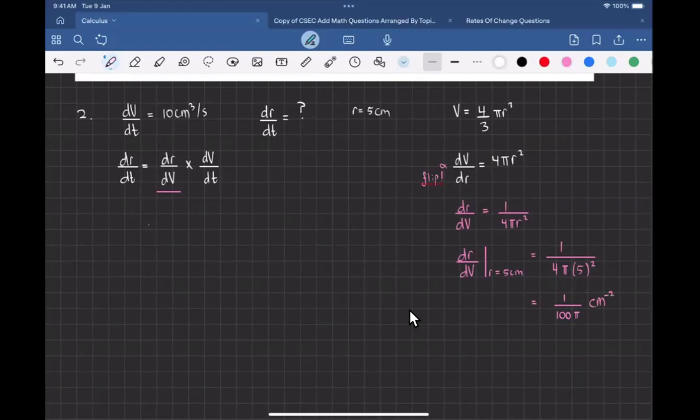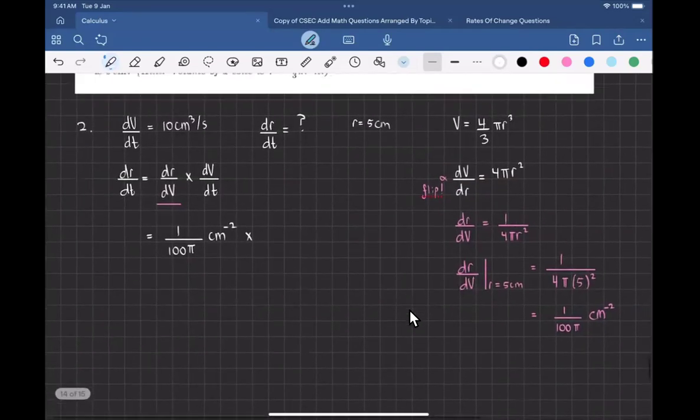So we have 1 over 100 pi cm to the minus 2 multiplied by dV over dt, which we were given as 10 centimeters cubed per second. So how does it work out, Amy? It would be 10 over 100 pi, which is 1 over 10 pi centimeters per second.